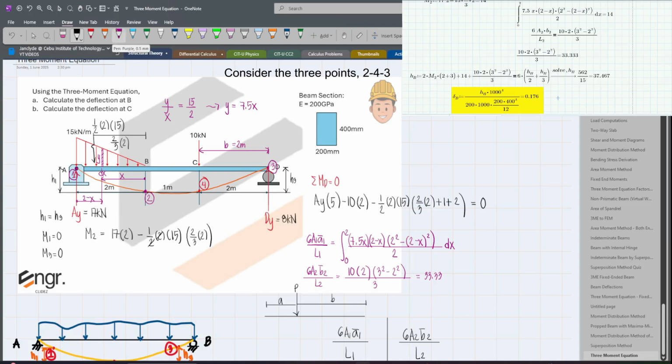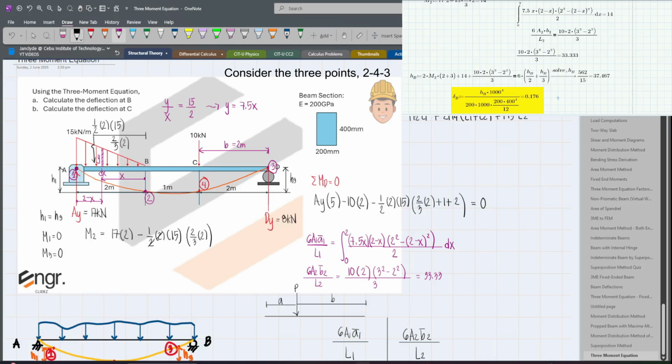Ayan. So we now need to compute, bale, M2, L1 plus second point is M4, 2M4 L1 plus L2, then plus our third point is M3. Again, we are considering the following points.